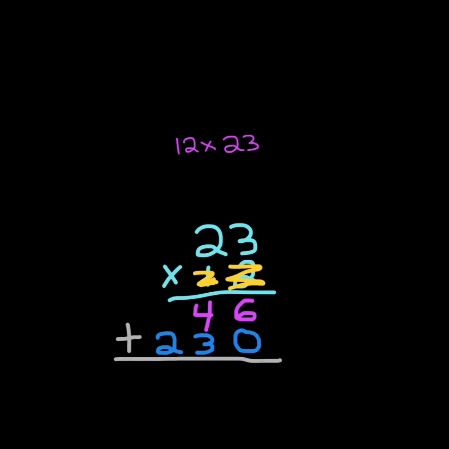So 46 plus 230, I have to go 6 plus 0, which is 6. Then I have 4 plus 3, which is 7. And then nothing plus 2, which is 2.